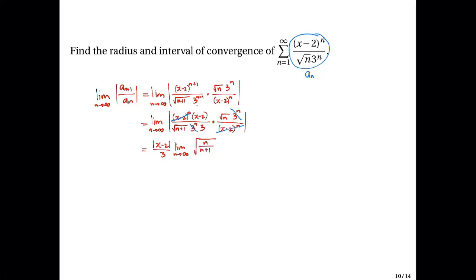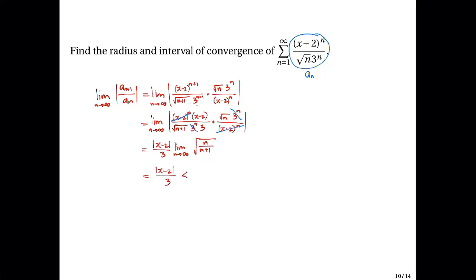But anyway, as n approaches plus infinity, the one inside here will just go to 1, because the numerator here is degree 1, the denominator here is also degree 1. So we'll just get the leading coefficients. So this is equal to 1, and therefore the limit of a sub n plus 1 over a sub n is just absolute value of x minus 2 over 3.